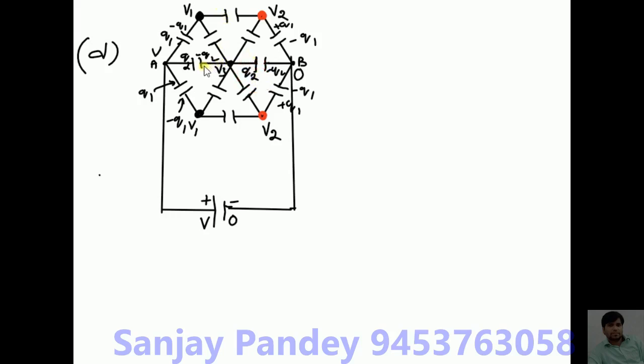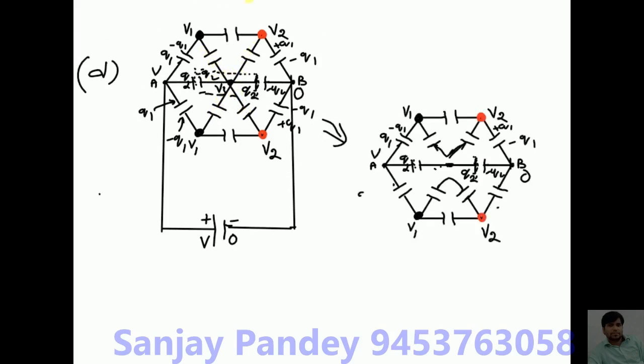Here we see that the sum of this charge Q2 and this charge minus Q2 is 0. This charge plus Q2 and this charge minus Q2, the sum of these two charges is 0. So we can isolate this portion from this branch and from this lower branch. So the new simplified diagram is this.